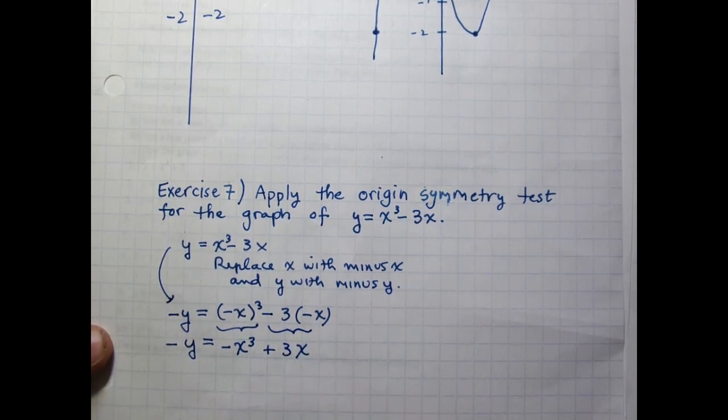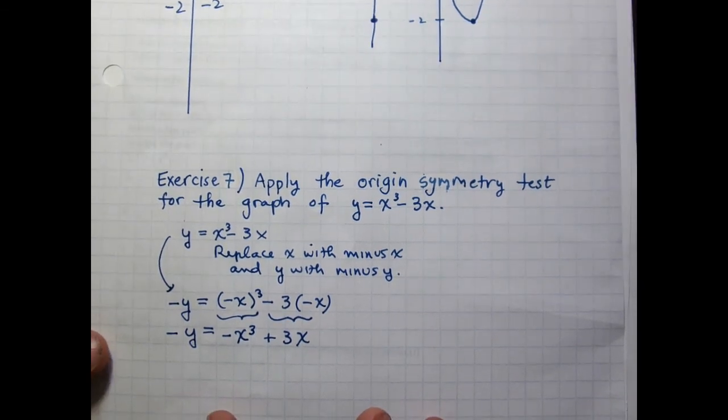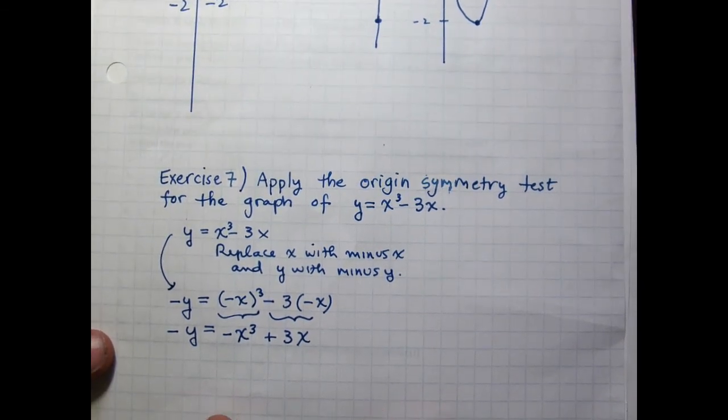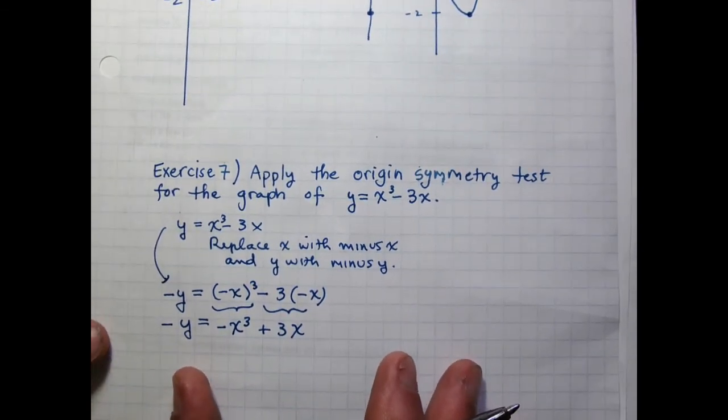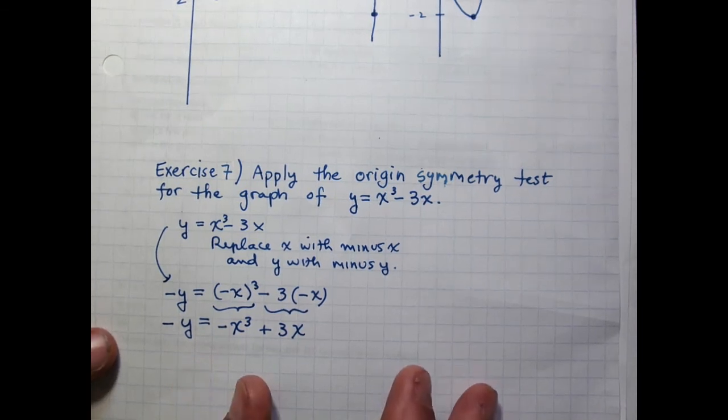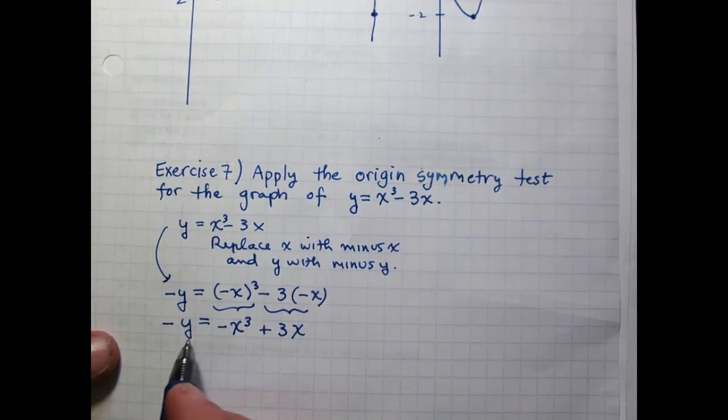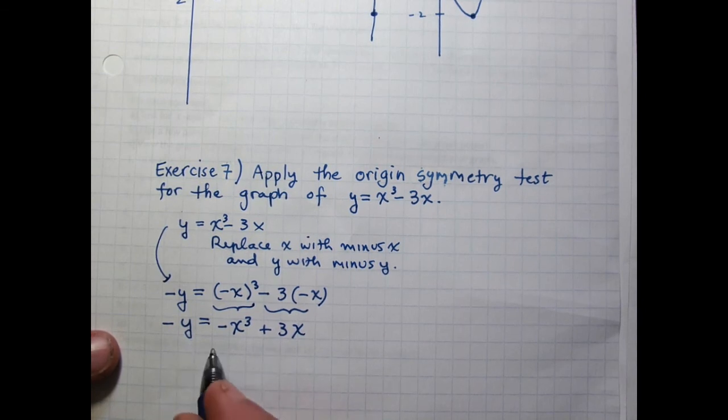All right, wait a minute. That looks kind of different from our original equation. We did not get the original equation. However, what we have here is actually equivalent to the original equation. Sometimes when you test for symmetry, you don't see the original equation right at this step, but if you can convert it by doing the same thing to both sides, you've shown that equivalence.